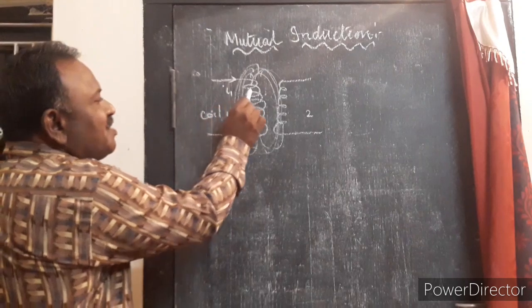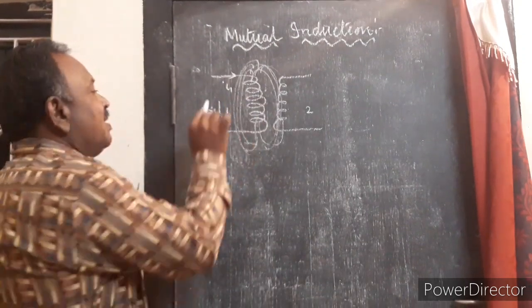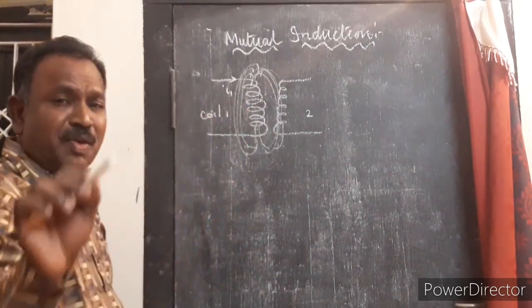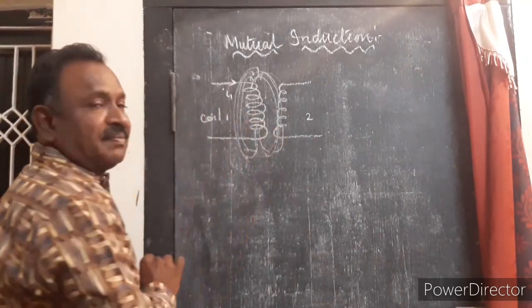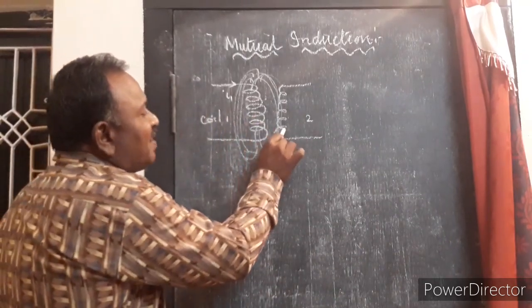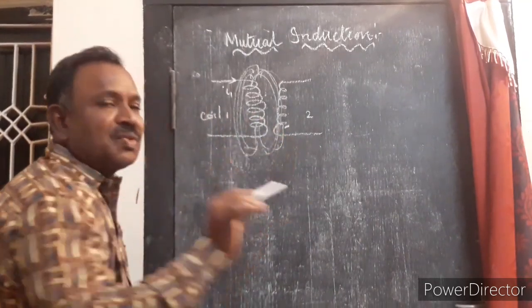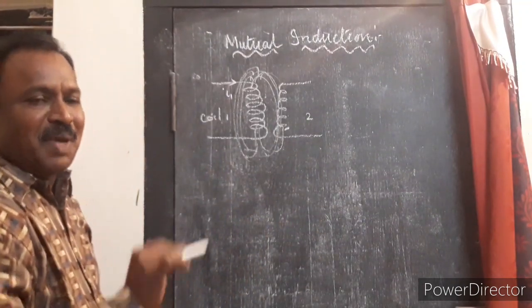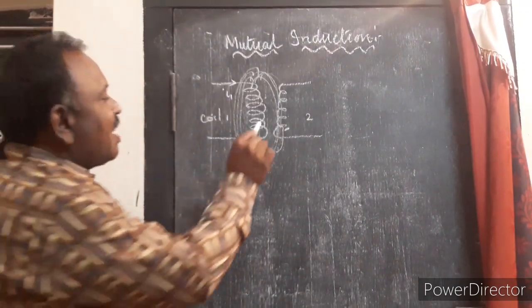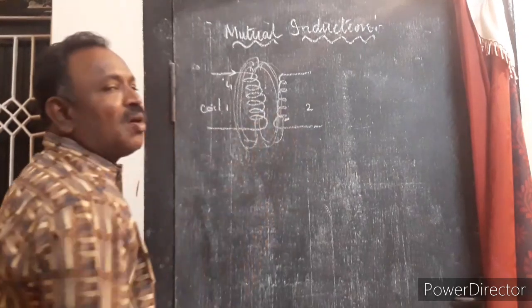When current changes in coil 1, it produces a change in the flux. So the flux linked with coil 2 also changes. Because of that, an EMF is induced in coil 2.